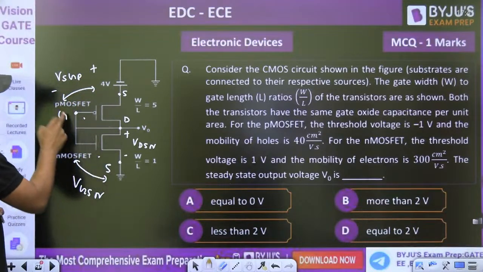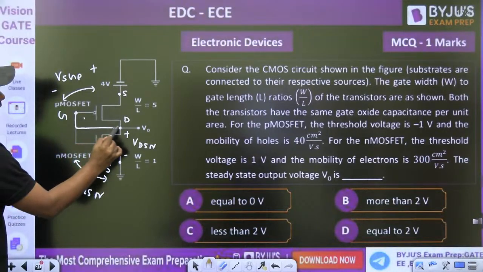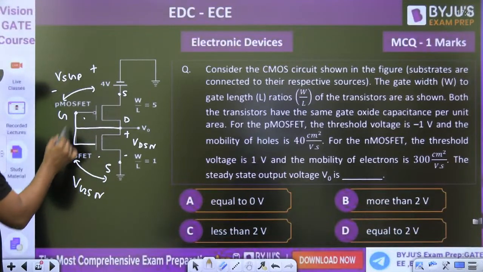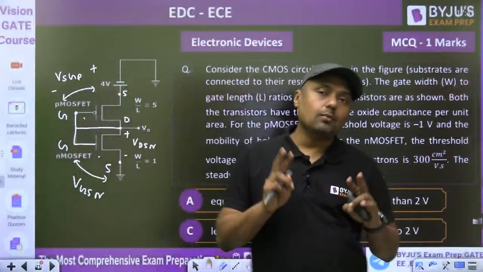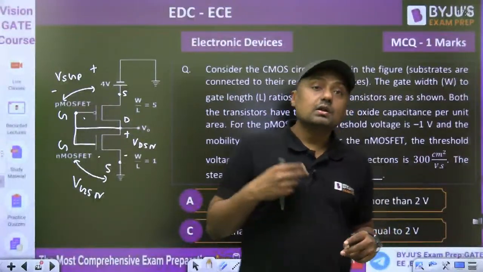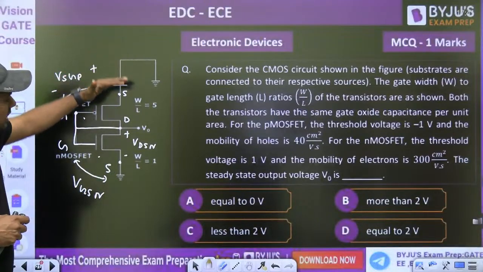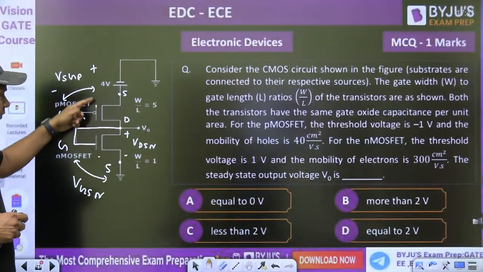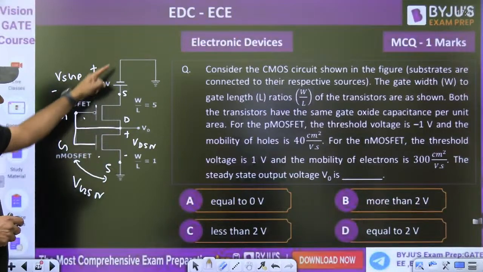Now, when the drain is shorted to gate, always remember, here the drain is shorted to gate for PMOS, and for NMOS, for both. When the drain is shorted to gate, MOSFET will be in saturation. Means both the MOSFETs are in saturation. Now, both the MOSFETs are in saturation at the same time, they are connected in series. And what is the gate current? 0, because this is an insulated gate field effect transistor. Now this is the 4 volt and they are having the same current from this point to this point. They are having the same current. You can redraw the diagram.